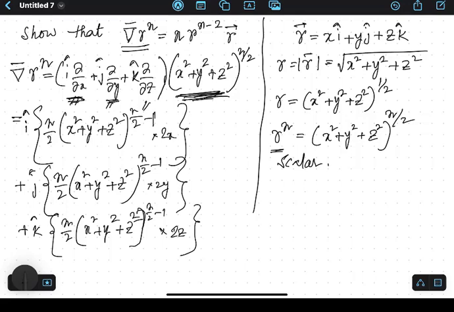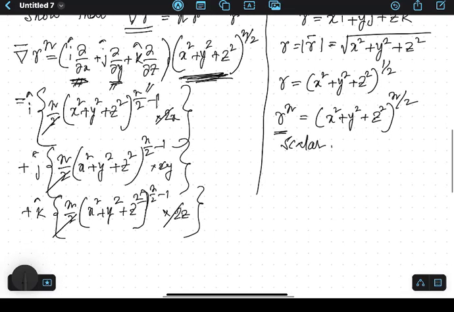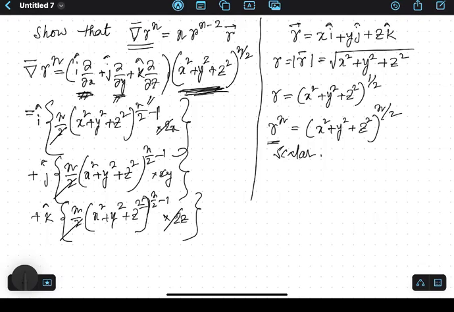Okay, so this 2, n by 2 and this 2 might cancel. This 2 and this 2 might cancel. This 2 will cancel. So what do I have now? Grad r to the power of n.